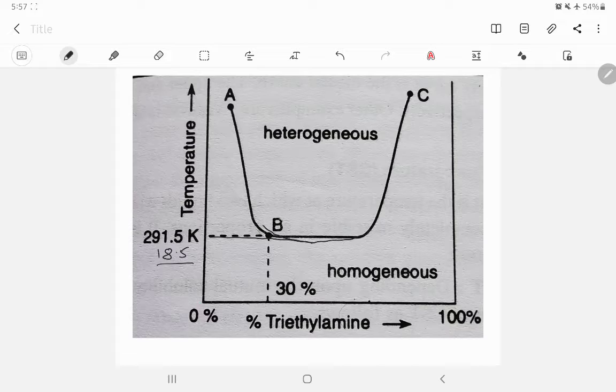Now if we consider any point outside this parabola, suppose a point below 18.5, there is no need of explanation. Below 18.5, any composition is a homogeneous solution. Two liquids are completely miscible with each other in this region.